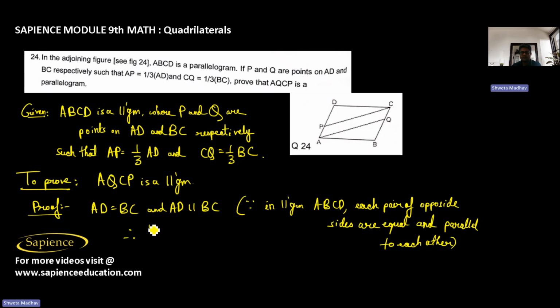So 1/3 of AD will be equal to 1/3 of BC. 1/3 of AD means AP equals CQ. And obviously AP is parallel to CQ, since AP is along AD and CQ is along BC.